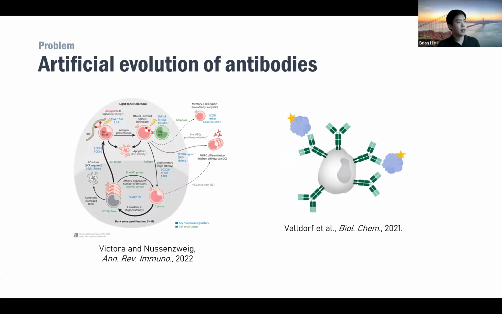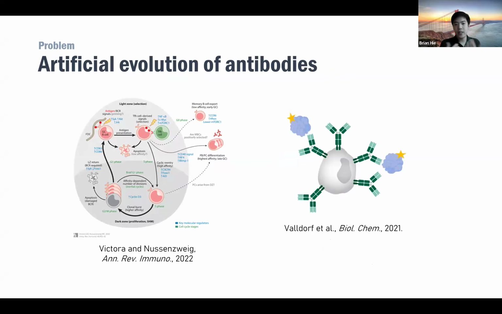So the specific task of interest that we applied this to initially was the artificial evolution of antibodies. So in the immune system, all of you are probably aware of this, that antibodies undergo a natural evolutionary process via somatic hypermutation. And inspired by this, as antibodies have become a very attractive therapeutic modality, people also are interested in artificially evolving these antibodies to have higher affinity against therapeutic targets.